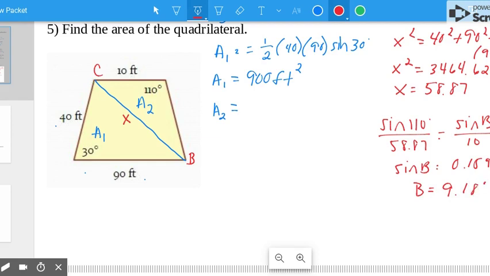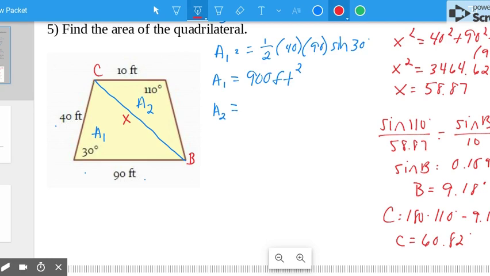Still don't have side angle side, so I have to find again the angle C that I have marked. So we'll take 180 minus the other two angles that we just found. So angle C is 60 point, I'm going to again carry 2 decimals, 0.82. So now having that, I have angle C and then the two sides around it, the 10 and the 58.87 that we found.